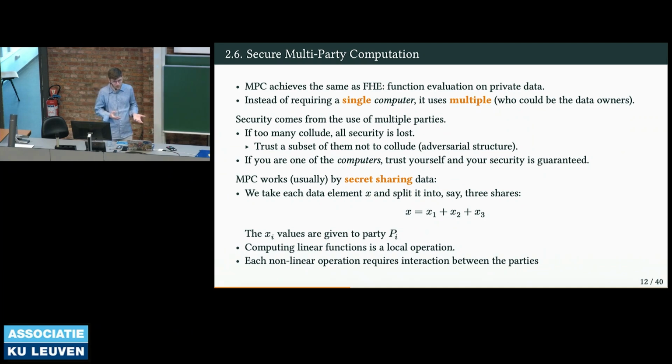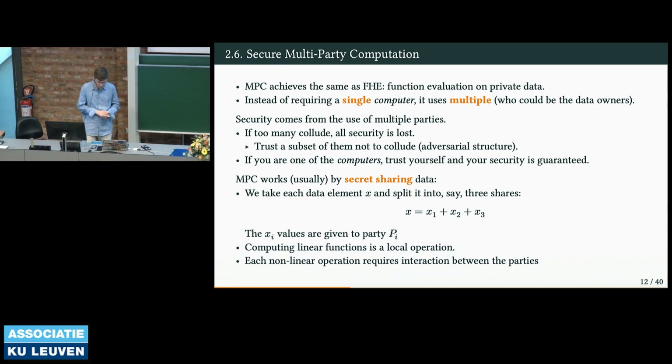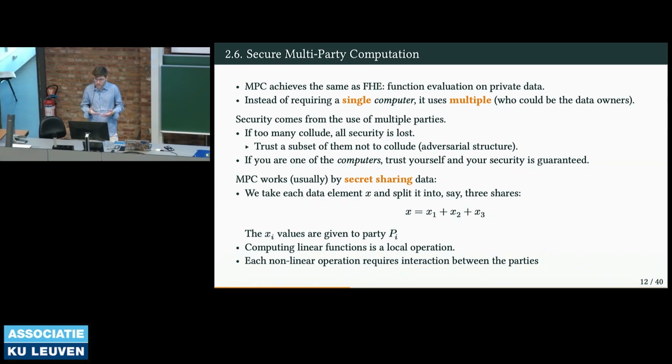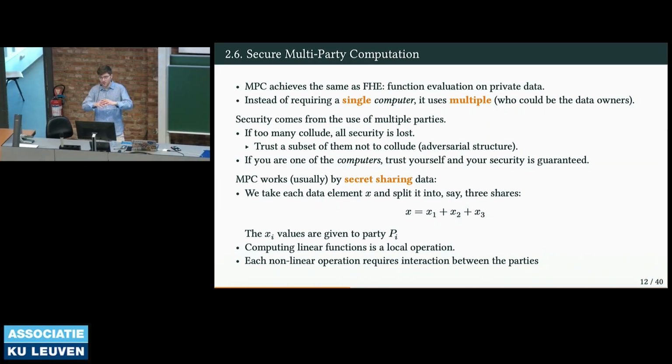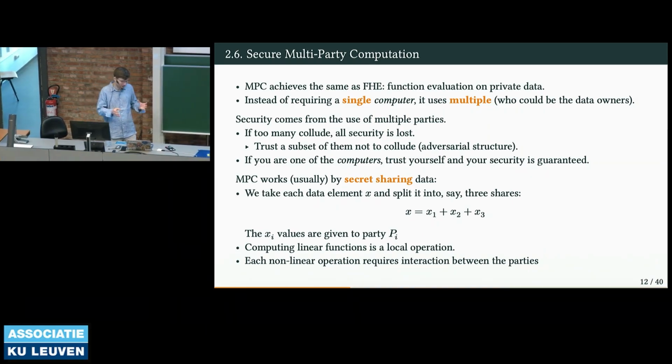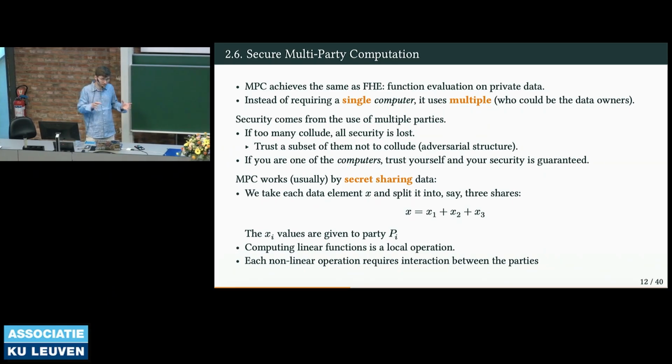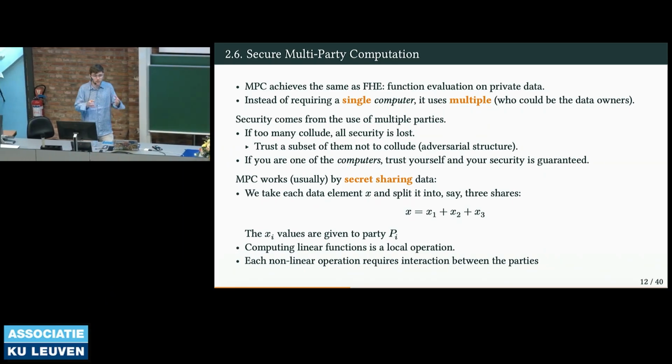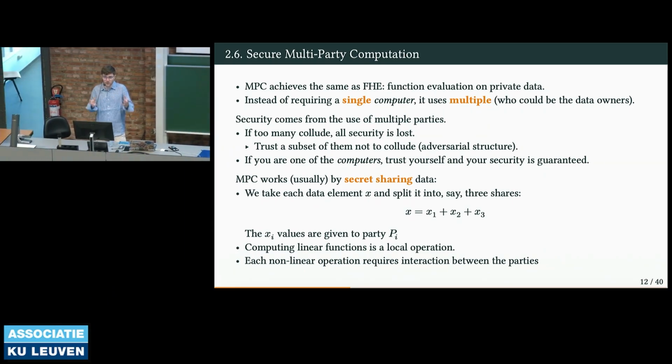They can recover all of the private data. So you have to make an assumption when you deploy MPC. You have to say, okay, I'm going to deploy MPC with these 5 parties, let's say these 5 different hospitals, and I'm going to assume that no more than 3 of them would ever come together to share their data and recover the information.